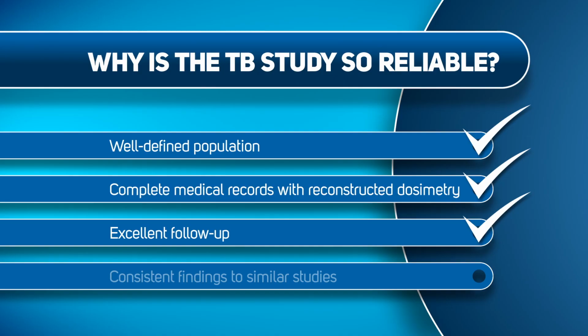One of the leading statisticians at the Atomic Bomb Casualty Commission analyzed the data for us. So we're using state-of-the-art analyses. And finally, the study results are consistent with all published dependable and reliable studies. Accordingly, this study has been considered when making radiation protection guidelines and policy decisions.